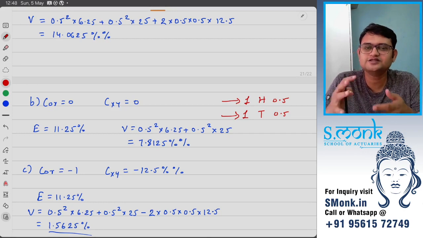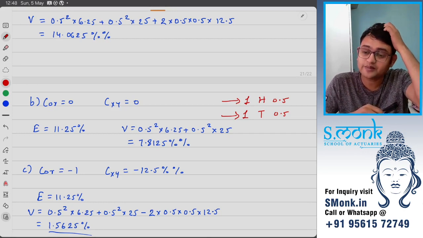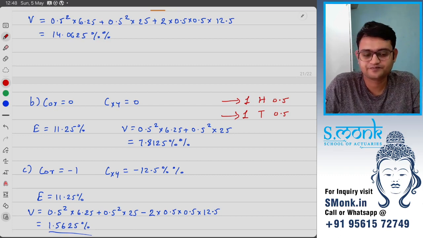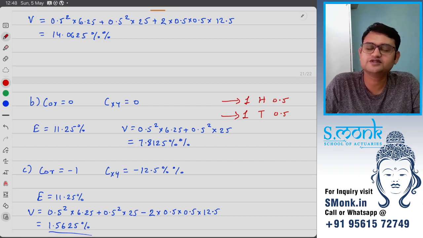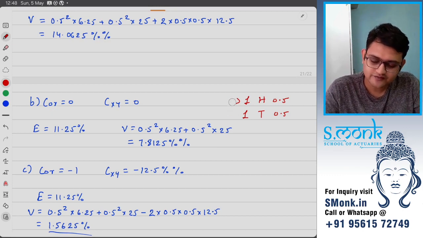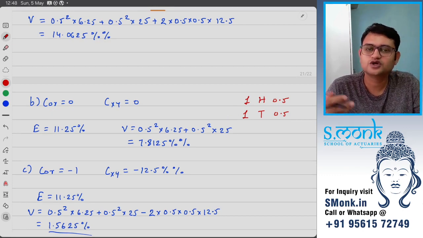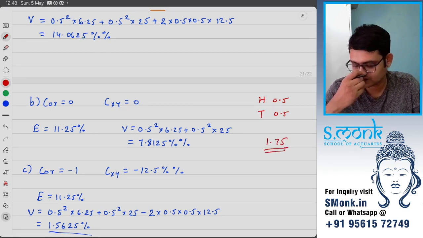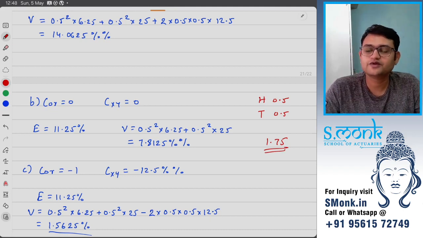Now of course in this case, especially in gambling, hedging will not give you profit. Rather, hedging will still get you losses, because most likely what I'll do is I will say the fee of this game is 1 rupee, but if you get it right, I will give you 1.75 rupees.